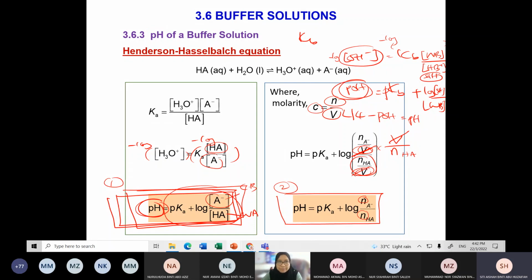If it is a weak base, a basic buffer, that means you will have pOH equal to pKb plus log concentration of salt or conjugate acid over concentration of weak base.